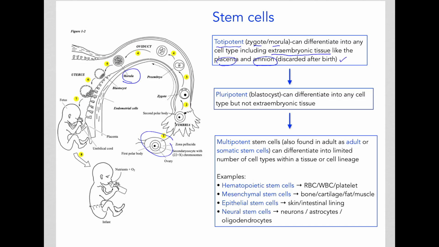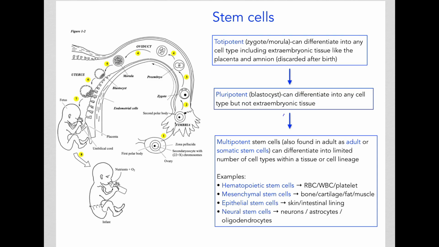Remember, these tissues are discarded after birth. The totipotent stem cells then will differentiate into pluripotent stem cells that are predominant in the blastocyst. And these cells can differentiate into any cell type, but not the extra embryonic tissue such as the placenta and the amnion.